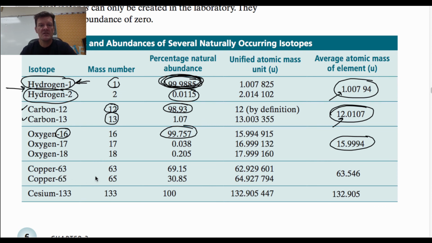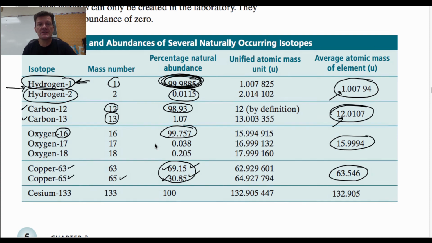And then you see here that these percentages are a little bit more evenly spread. So here 69% of all the copper is 63, 30% of all the copper is 65, and you can see that pulls the average up a little bit above 63 because of the small abundance of the 65. Okay? So weighted average is just taking all the isotopes, but taking into account the ones that you have in most abundance. Okay?